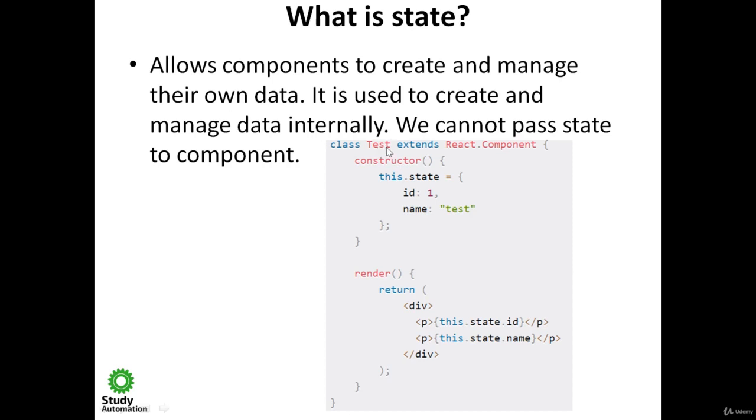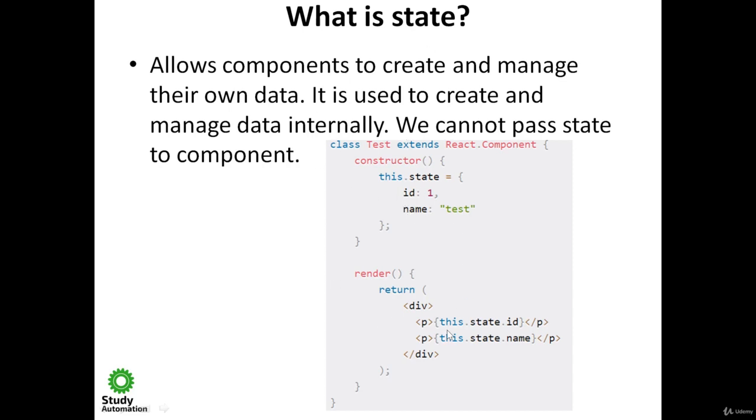Here we can see we have one class, Test. We have added a state and the default values are id and name. Now when we use this state in the return statement, you can see we have a div and then this.state.id. Whatever you have set here, you can use, and these two fields you can use inside the class only.